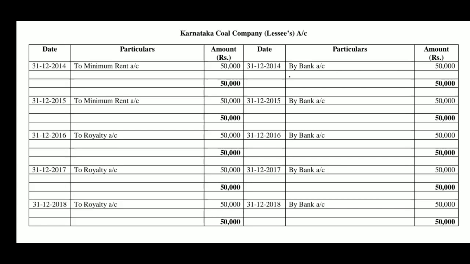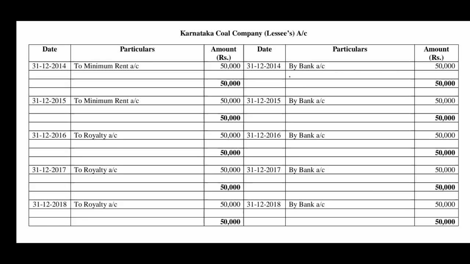Without opening minimum rent account also, we can pass the entries, we can prepare the ledger account. That means, without passing the journal entries for minimum rent, we can give the effect. In such a case, we need not prepare minimum rent account, only royalty account, short workings account, lessor's account will be prepared by the lessee.